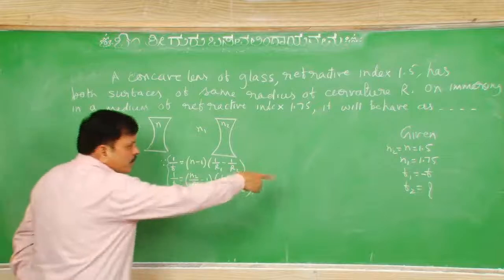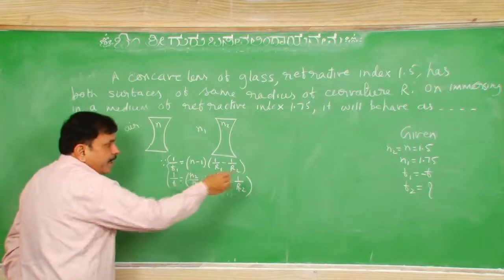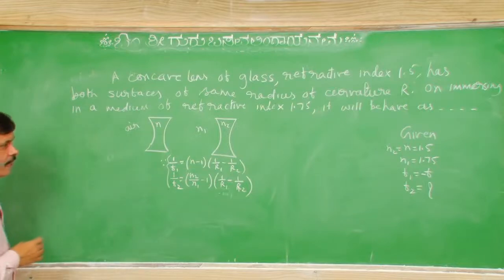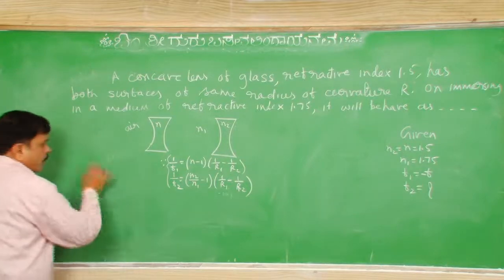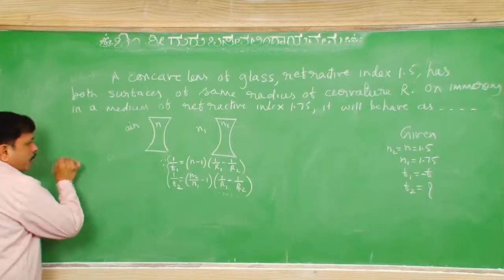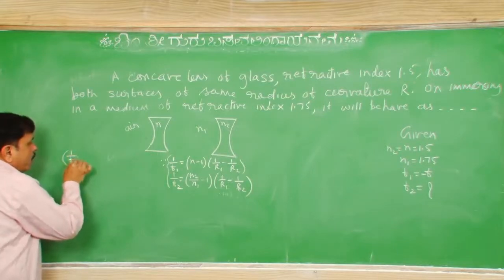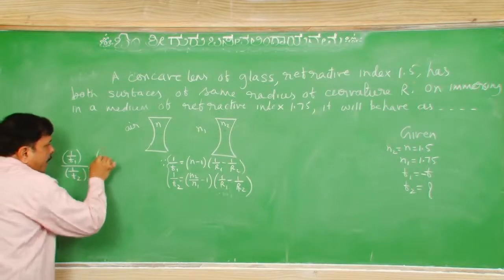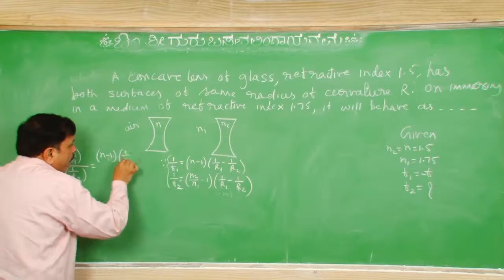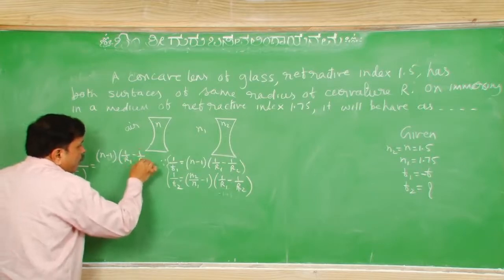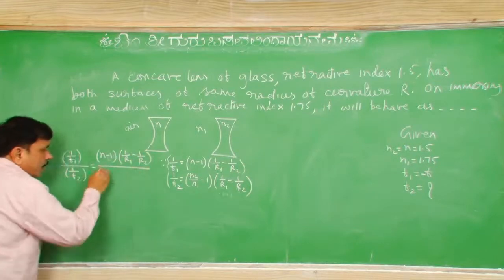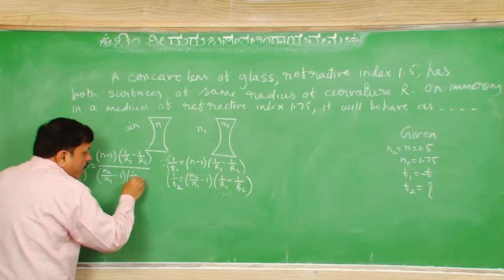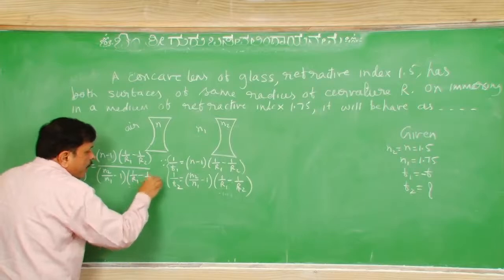Now, we will use here that in the beginning we got F1 as F, later we got F2, which is how much we have to calculate. We will divide the two. We get 1 by F1 divided by 1 by F2 equal to (n minus 1)(1 by R1 minus 1 by R2) whole divided by (n2 by n1 minus 1)(1 by R1 minus 1 by R2).